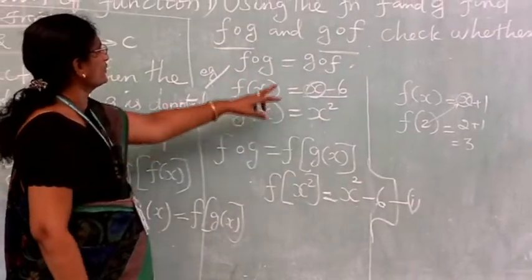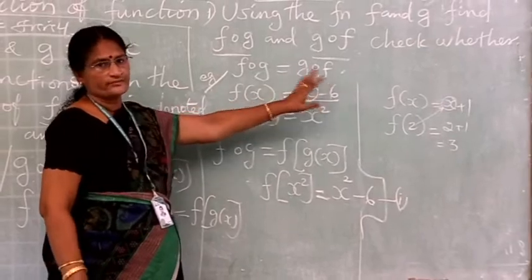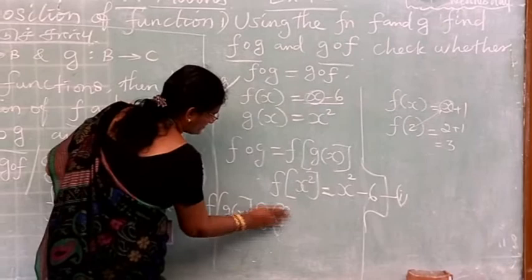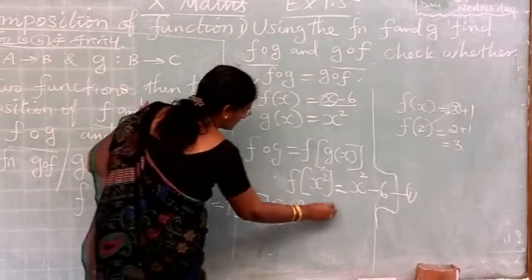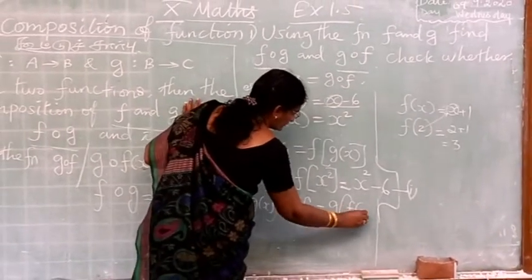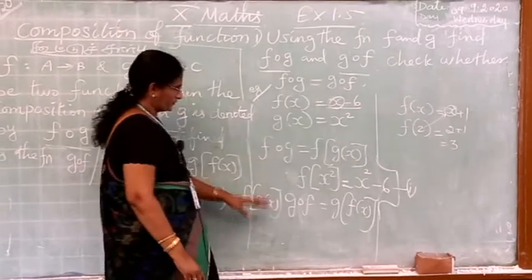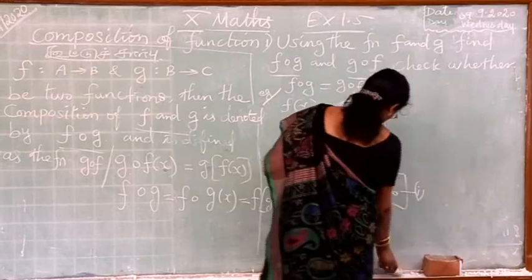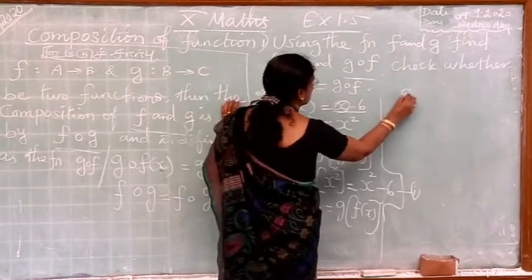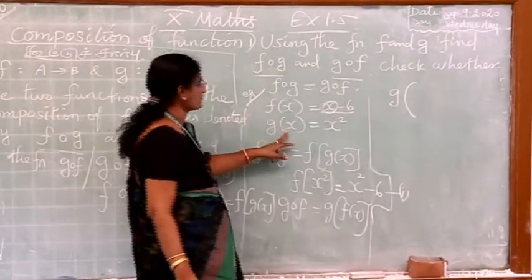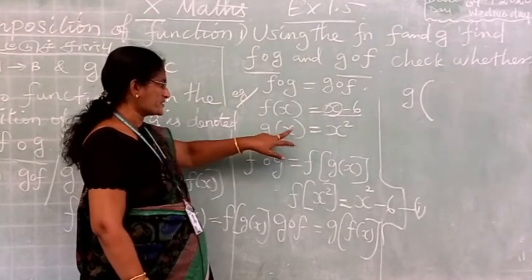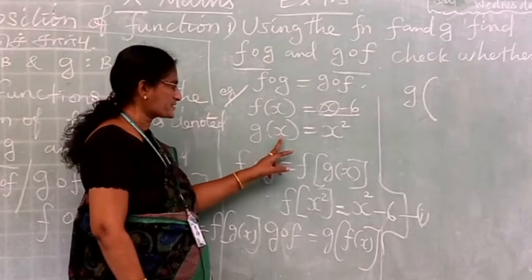The next we are going to find g dot f. So g of f of x we are going to find. g of f of x. So like this. What is g of x? x square. In this g of x, see, you have x here.